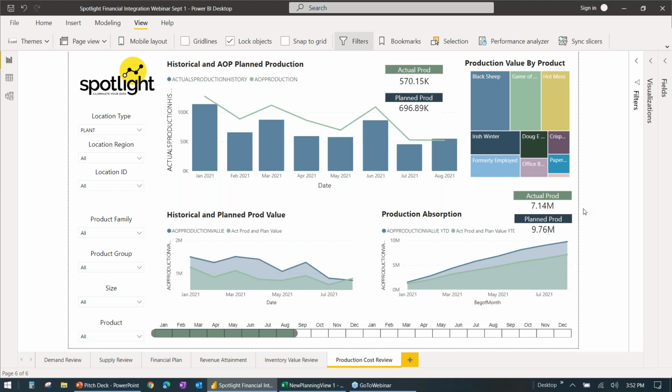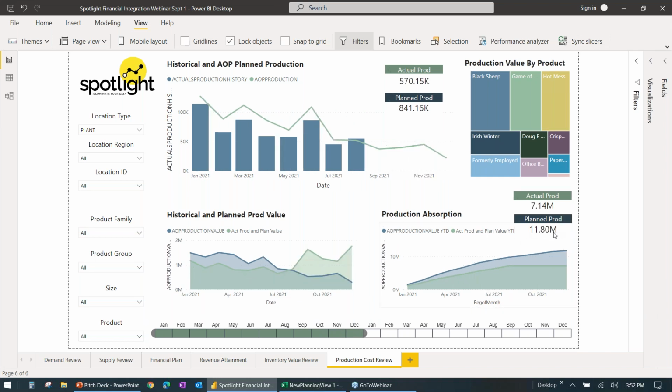This just wasn't available in the planning system before. Because we have the plan going forward, I can tell you what is in the past, but I can also tell you what my plan will be going forward. My planned production is 11.8 million, and I've only got my actuals here, but I can see that is going to be the gap for this year.